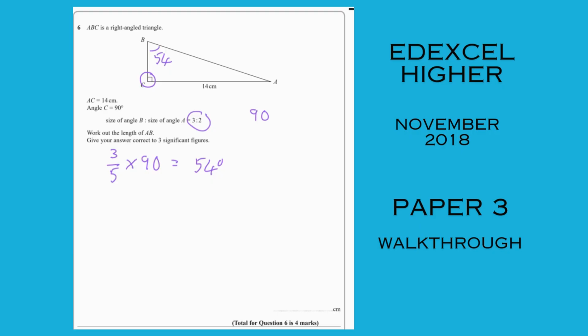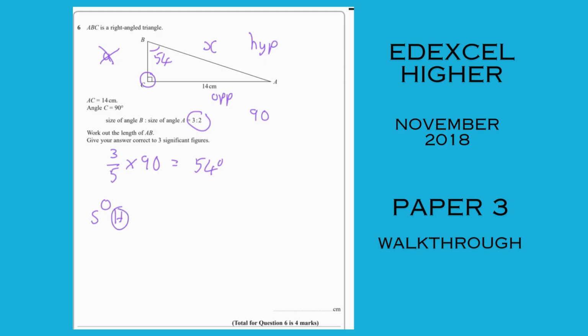Now I can start using SOHCAHTOA. So it wants work out the length of A to B. So we stick an X, that happens to be the hypotenuse. From my 54, we've got the opposite. So the adjacent is not involved. That makes this a SO question.